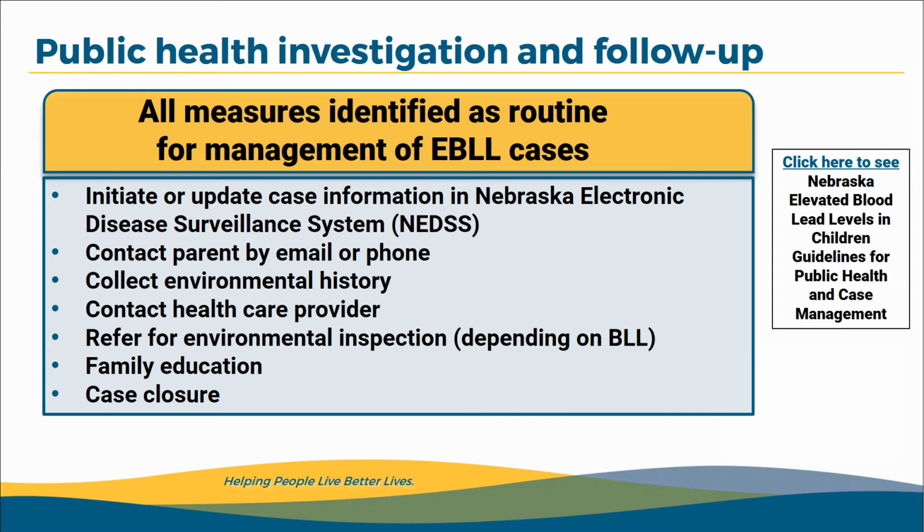Local health departments perform these basic activities directly or with support of the state CLIP. They include timely data entry, contacting the parent, family education, contacting healthcare providers, collecting an environmental history with possible referral for an environmental investigation, and finally, case closure.